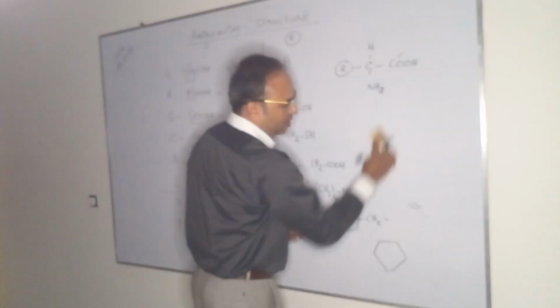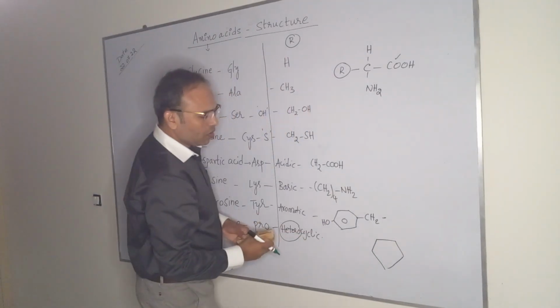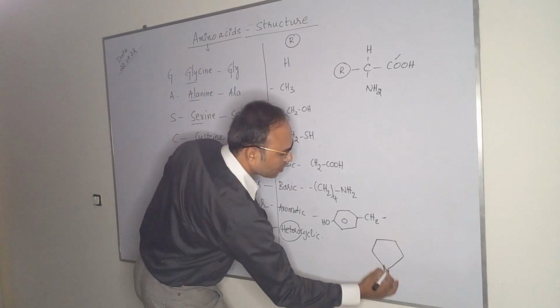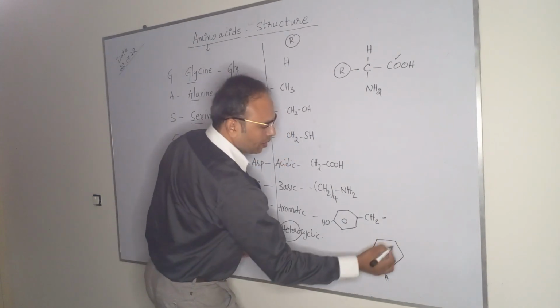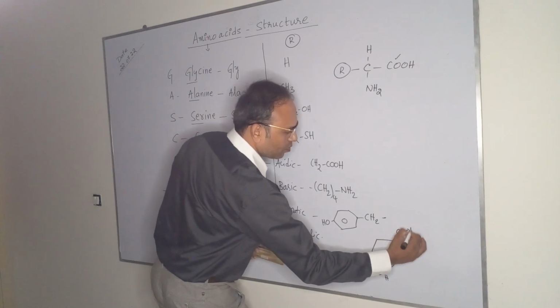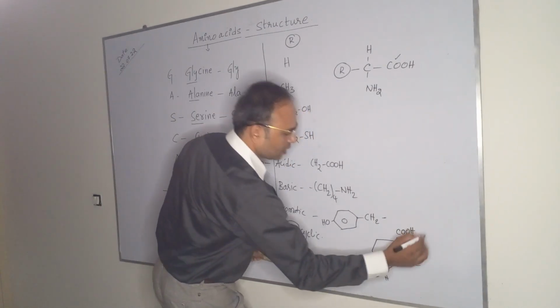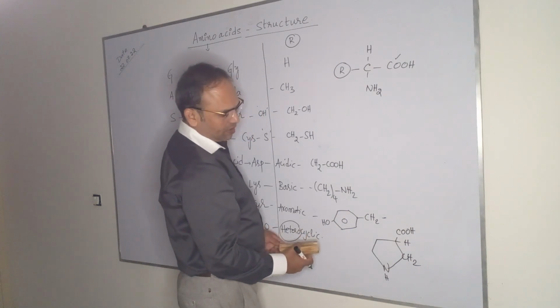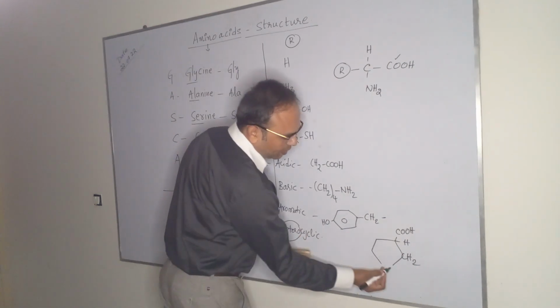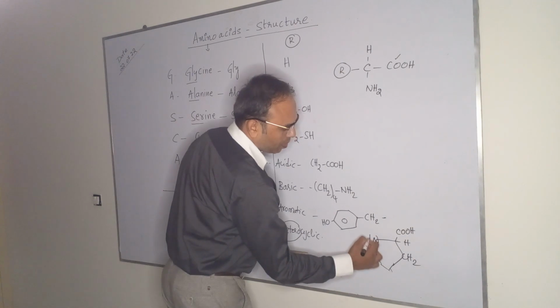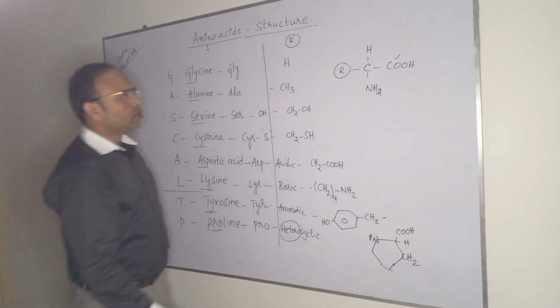So proline is a heterocyclic amino acid. What is the complete structure of that? We can write like this. So COOH and the H, here we have CH2 group. So this is considered to be proline. So hope you have understood this.